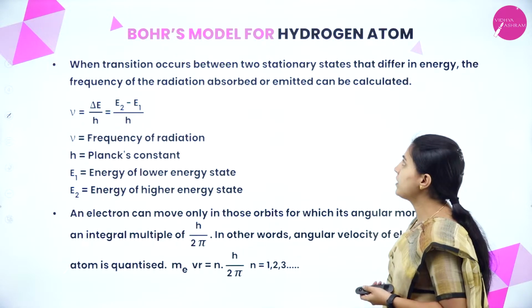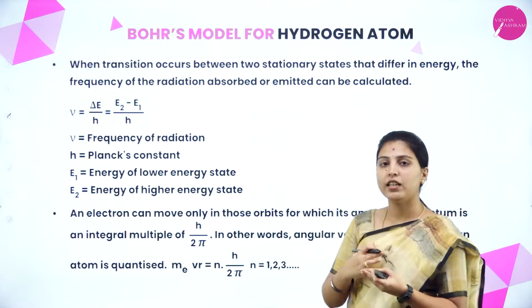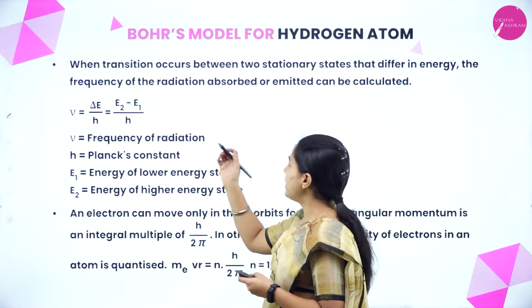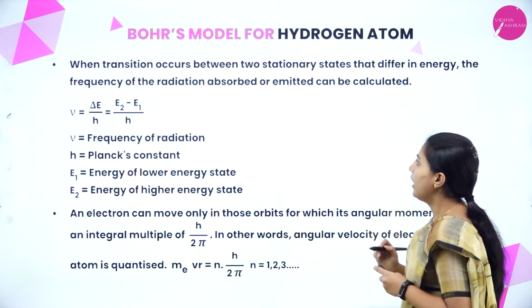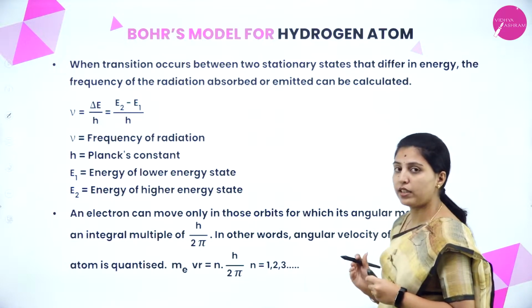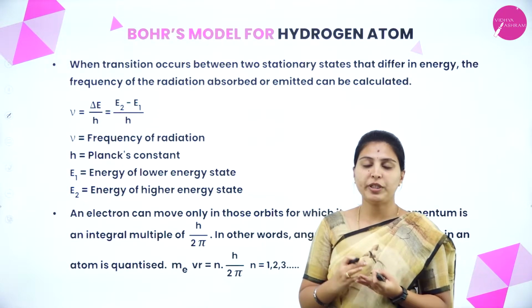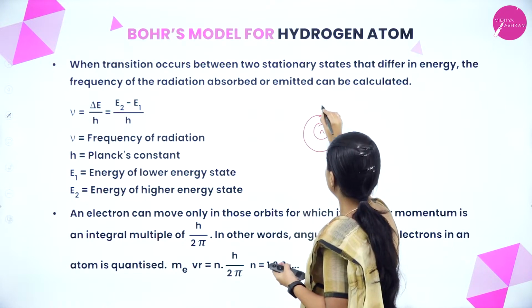Next we'll see Bohr's model of the hydrogen atom completely in a discussion manner. When transition occurs between two stationary states that differ in energy, the frequency of the radiation absorbed or emitted can be calculated. Here, what do we mean by transition? We have already seen that this is the nucleus and this is one orbit.